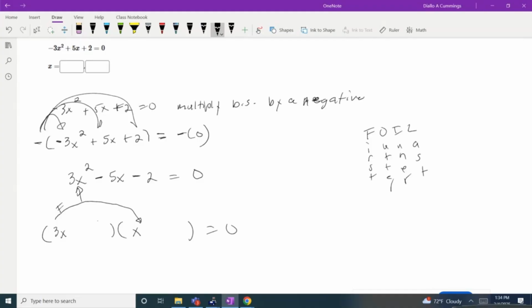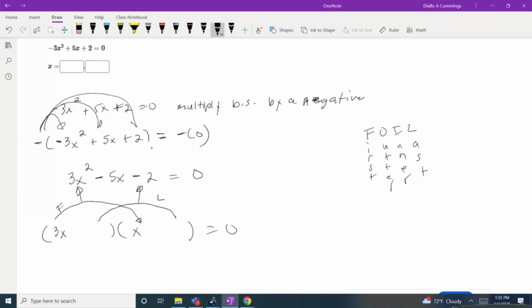Whatever numbers I put as my last terms, I should be able to multiply and get the last term in my trinomial. So whatever I put here and here, I should be able to multiply them and get a -2. The only way I can get a 2 is by a 1 and a 2, right? And the only way I can get a -2 is that one of those numbers has to be positive and one of those numbers has to be negative.